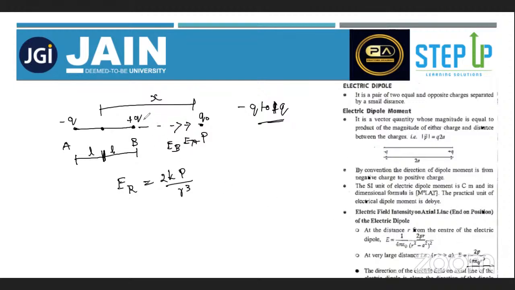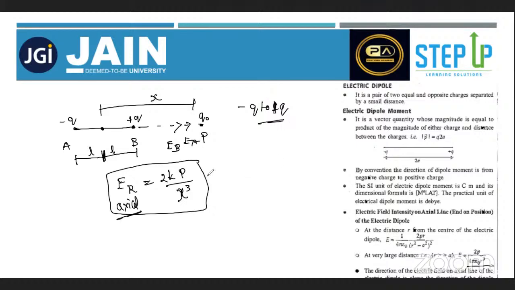What we have to write here is 2Kp by x cube, when it is a short dipole. You can prove it also, but that much time is not needed here. On the axial line it is 2Kp by x cube.